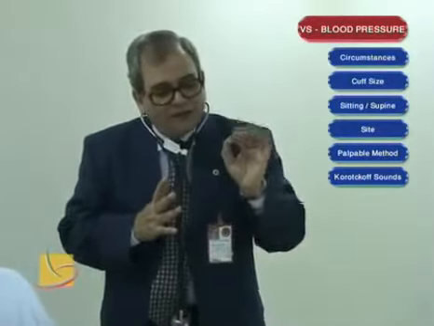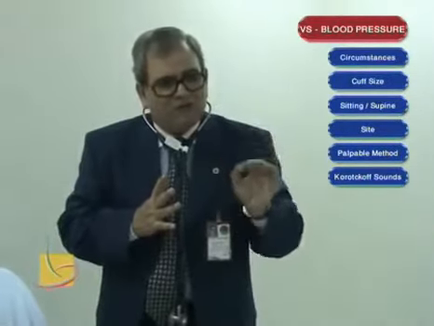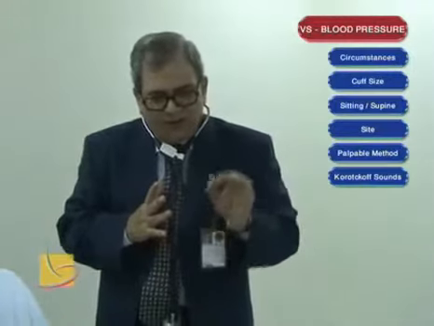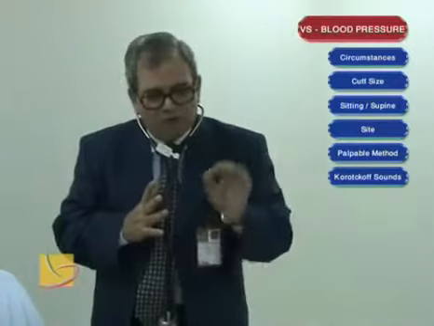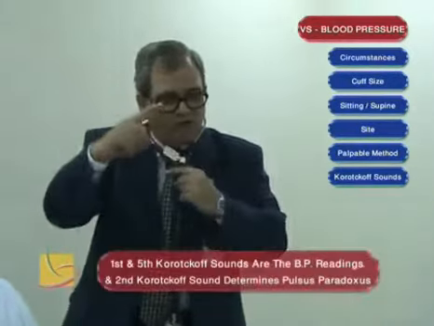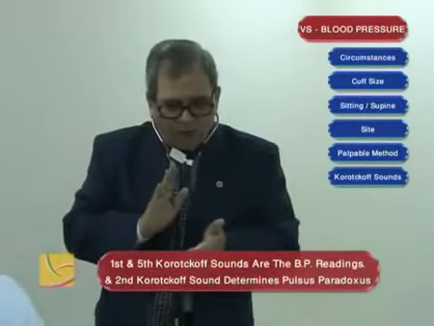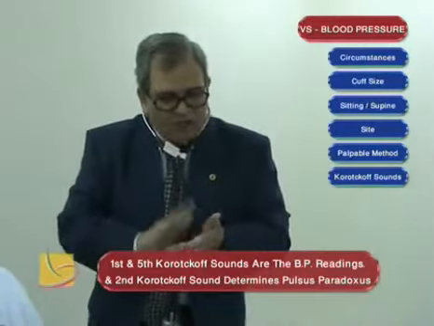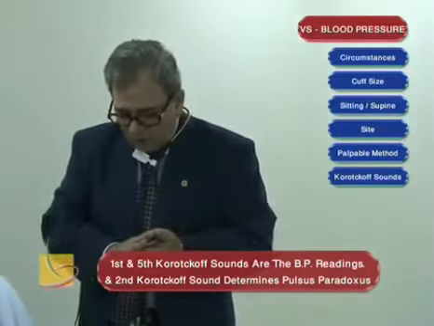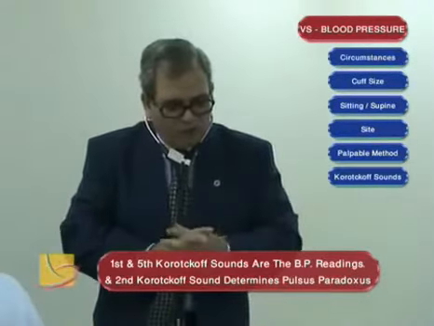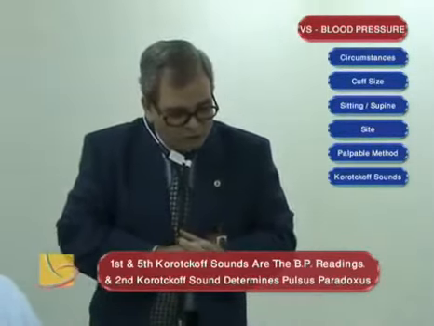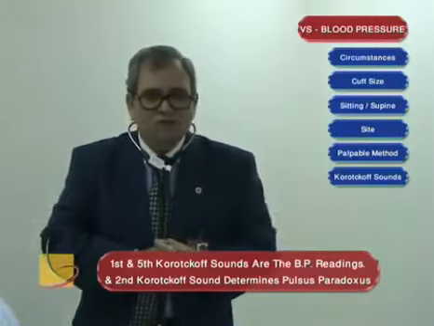And at disappearance, we consider it the fifth Korotkoff sound, and we consider it the diastolic blood pressure measurement. So we have two levels. The first Korotkoff correlates with systolic pressure, and the fifth Korotkoff correlates with diastolic blood pressure. So the blood pressure of this patient was 102 by 72.